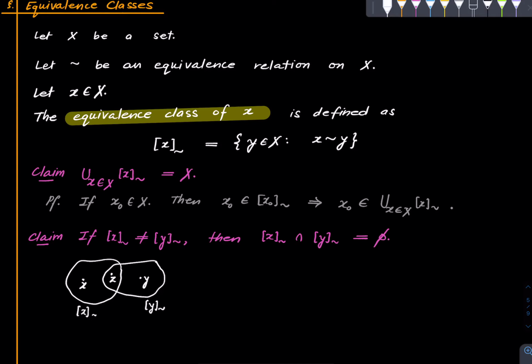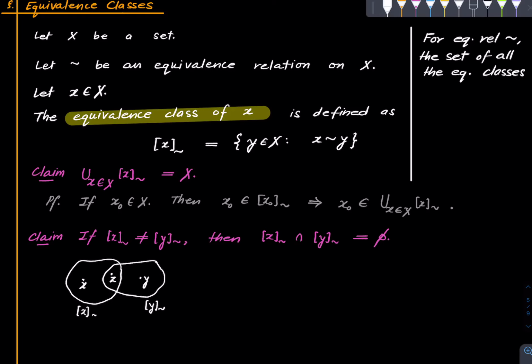So the result is that for any equivalence relation tilde, the set of all the equivalence classes, which is denoted by x, then we put a slash and then tilde, and we read it as x mod tilde, is a partition of x.